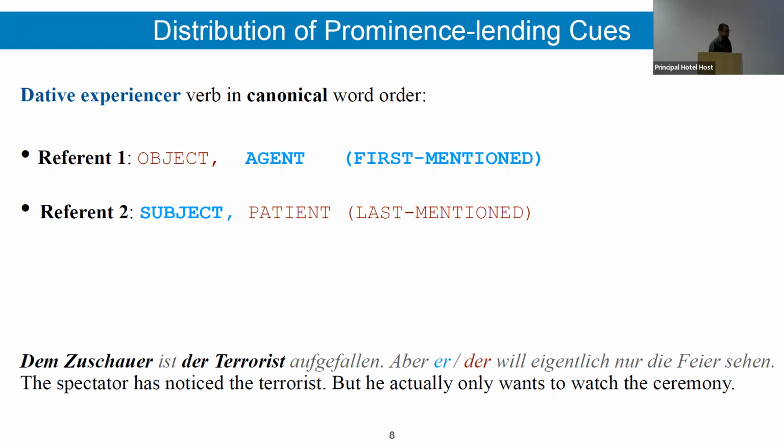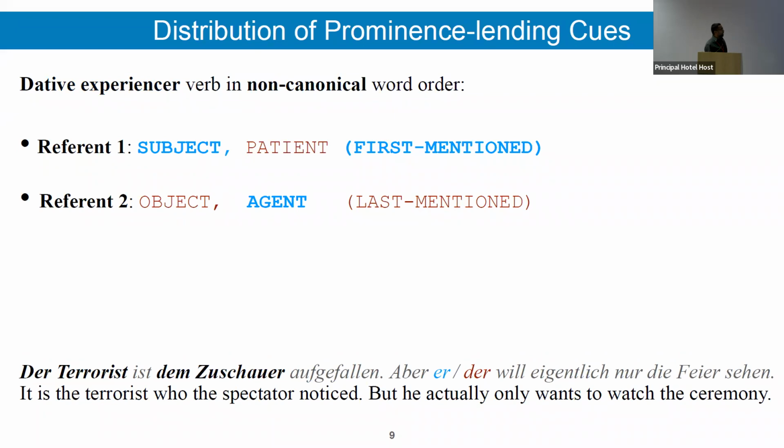And we can do the same word order variation and get another distribution, where referent 1 is subject and patient, and referent 2 is object and agent.